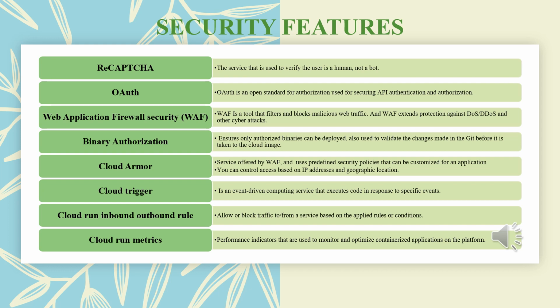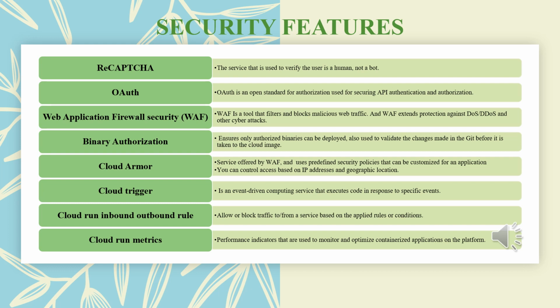Next comes binary authorization, which is responsible for checking that only authorized binaries are deployed, and every time it validates against the change made in Git before it is deployed as a cloud image. Next comes Cloud Armor. It is one of the services offered by the Web Application Firewall, which has predefined security policies. It also provides access control based on the IP address as well as the geographical location.